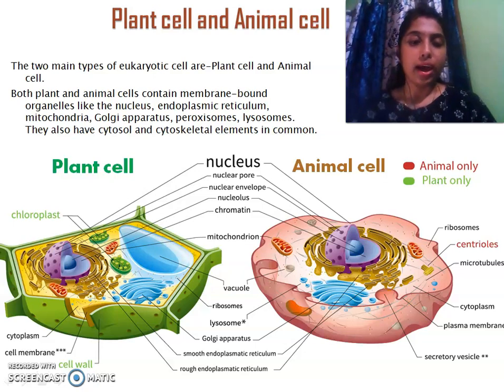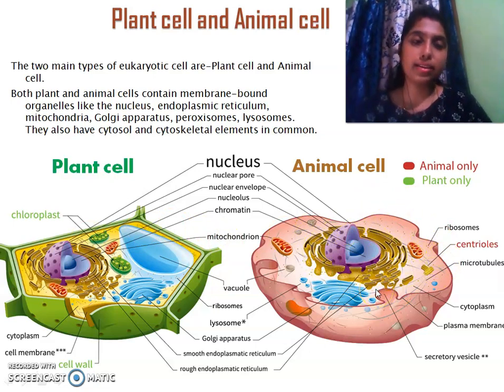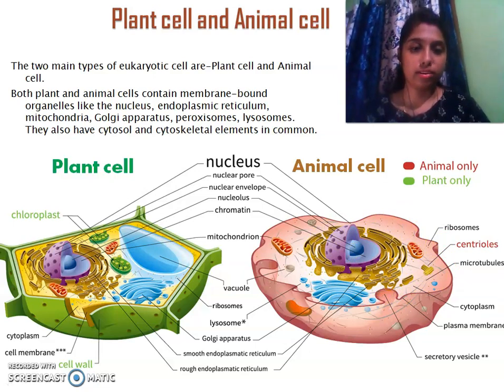Okay. And you can see that in animal cell there is no green colored structure or chloroplast. As a result, animals are unable to prepare their own food by photosynthesis. Clear? Also you can see one blue colored structure, right?